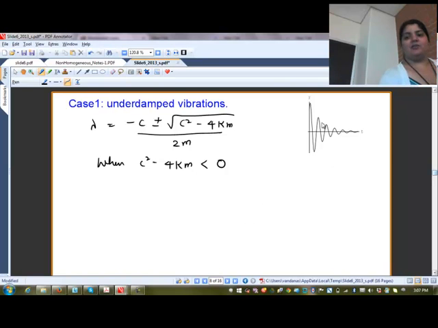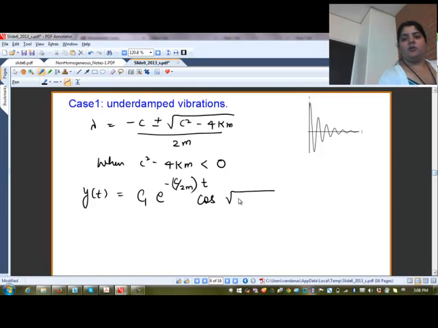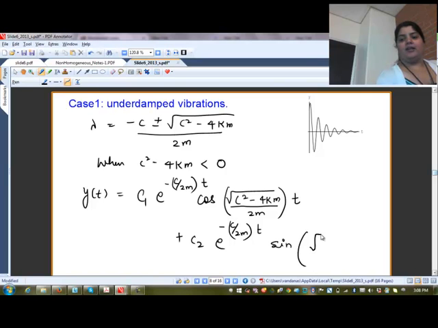So if this is less than 0, y(t) will be nothing but c1 e to the power minus c over 2m times t cosine of this part, square root of c square minus 4km divided by 2m, this is an angle, plus c2 e to the power minus c over 2m t, the coefficient being the real part of the root, and then the imaginary part of the root. This whole is an angle inside the sine.